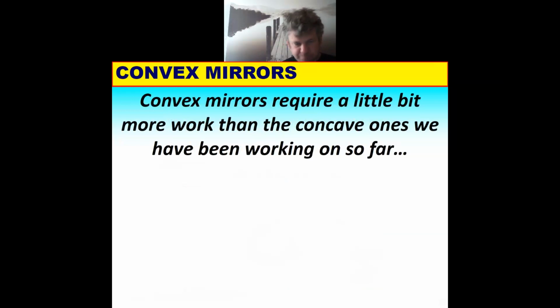So convex mirrors now, these are a little bit more challenging. When we ran thin lenses, we saw that there were some challenges with both the concave and convex lenses as well. So with a convex mirror, it gets a little trickier.